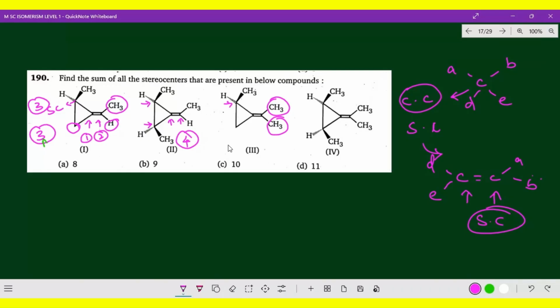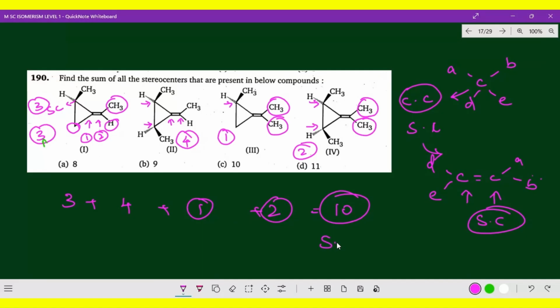So only one stereo center. And the same way here, both are the same identical group. So here one and here one more, two stereo centers are available. So 3 plus 4 plus 1 plus 2. Altogether 7 plus 3, 10 stereo centers are available.